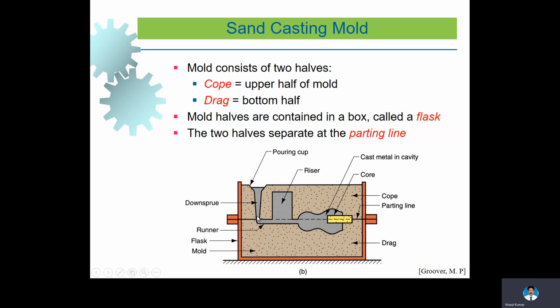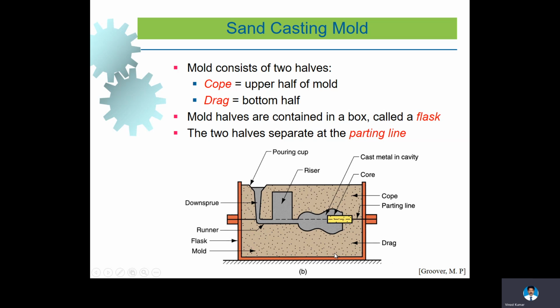Its speed increases and the turbulence, splash, etc. reduces, and it enters a riser where it is stored, and then it enters the cavity, and the metal fills the cavity from the far end towards the beginning. So this is how we produce a casting using a mold in a sand casting process.